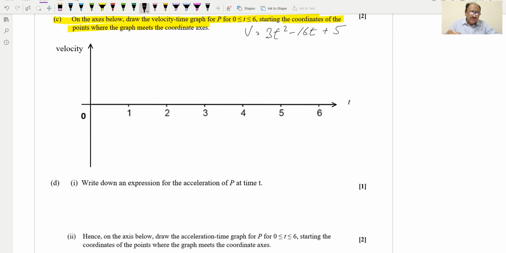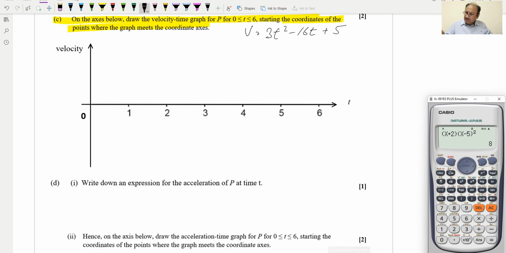Now we can again take the values, and we can draw the table of values, and that will be 3x squared minus 16x plus 5, and we can draw for 0. Calculate for 0, it will be equal to 5.